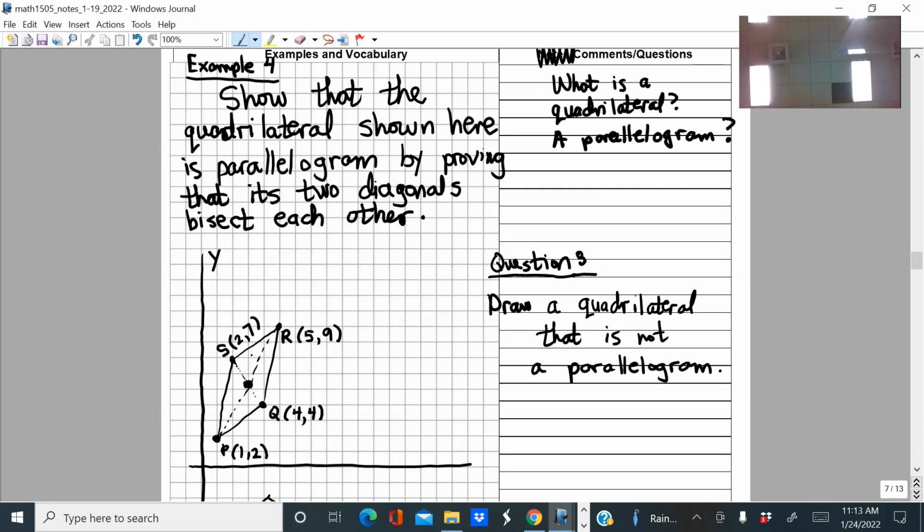If you calculate the midpoint between S and Q and the midpoint between P and R, if those turn out to be exactly the same, then that means these two diagonals cut each other in two. So what I'm trying to figure out is, is the midpoint between S and Q the same as the midpoint between P and R? If those turn out to have the same midpoints, then we know that these diagonals cut each other in two, and therefore we know this really is a parallelogram.